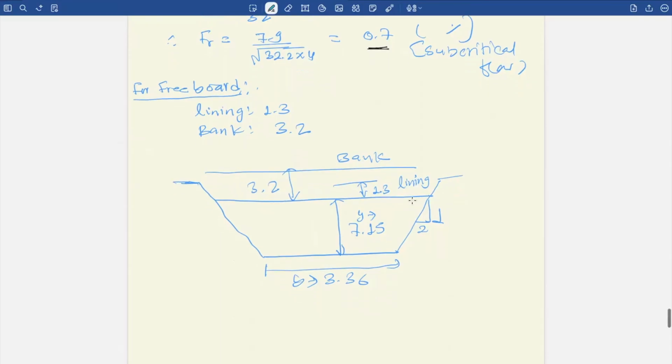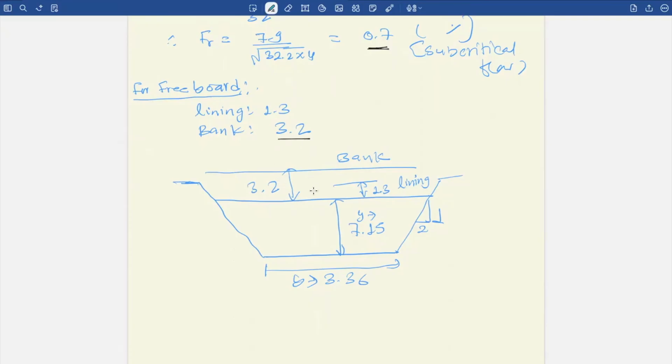For a non-erodible lined channel carrying 1000 CFS at a depth of 7.15, we use a freeboard chart. From that chart, our lining height will be 1.3 feet. This is how much the lining material, like concrete, riprap, etc., extends above the water surface on the channel wall, and our bank height will be 3.2.